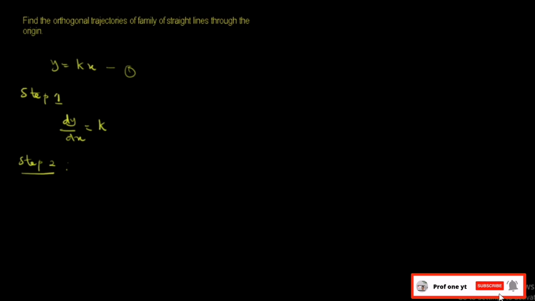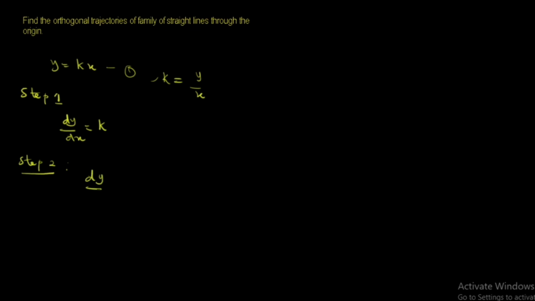So k is equal to y over x. Then we will substitute it, and you are going to get dy over dx is equal to y over x.